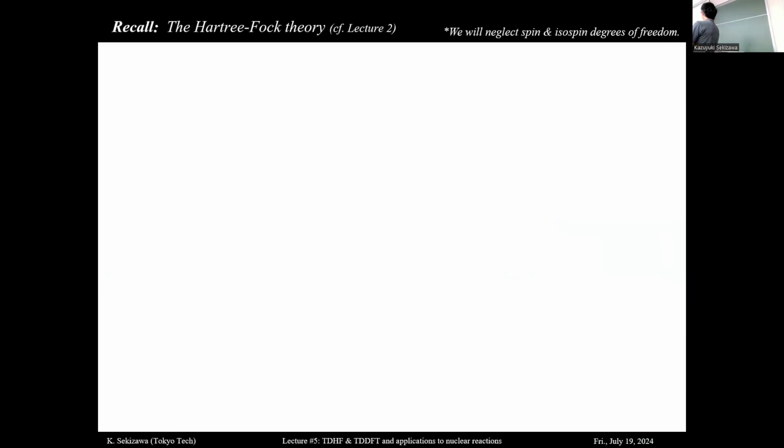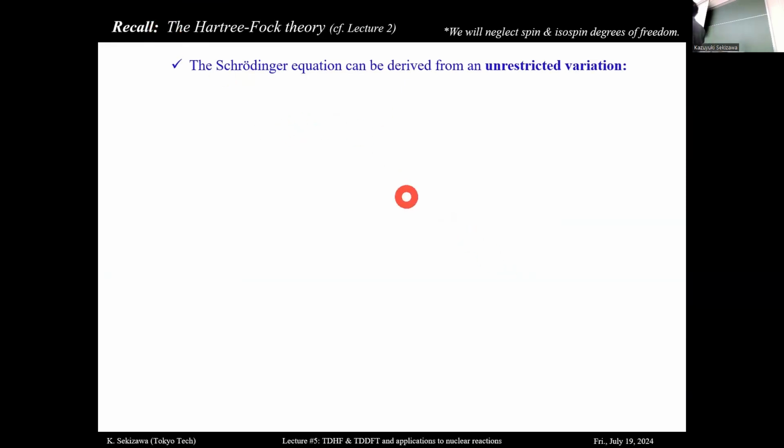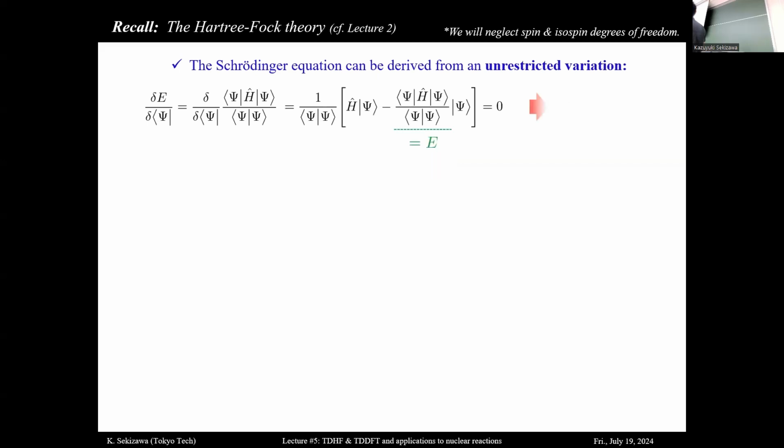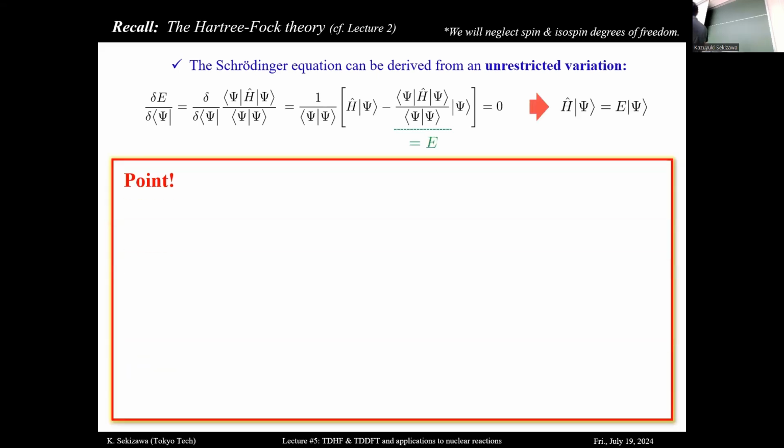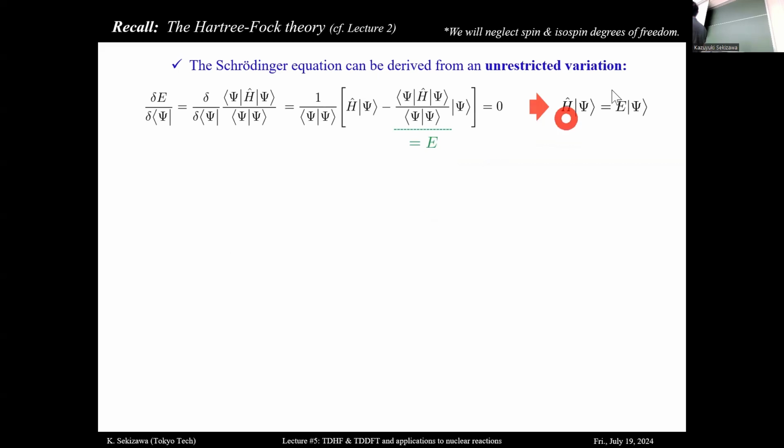Okay, so this is just a recall about the Hartree-Fock theory that we learned in lecture 2. I will go quickly. The Schrödinger equation can be derived based on the variational principle.